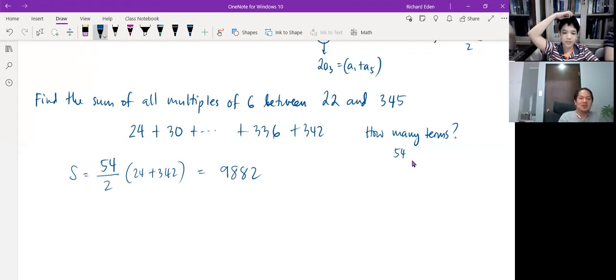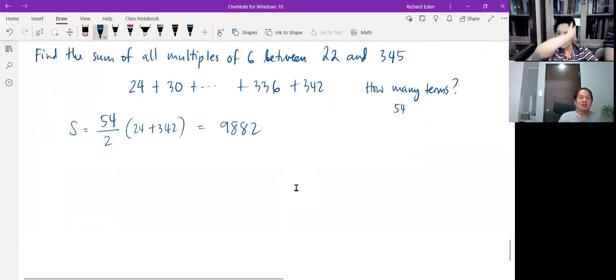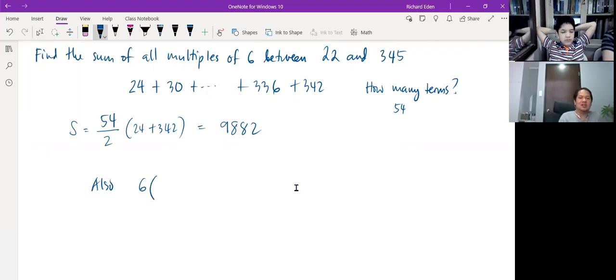Okay, good. You were able to figure out how many terms there are. But alternatively, because these are all multiples of 6, you can factor out 6: 4 plus 5 plus and so on, up to 342 divided by 6, which is 57.